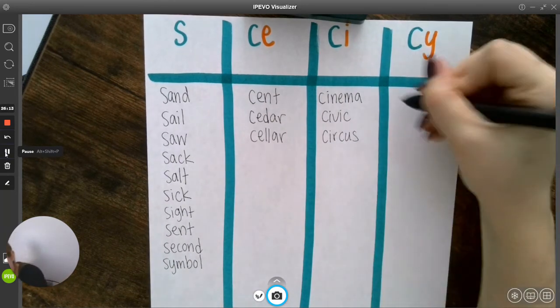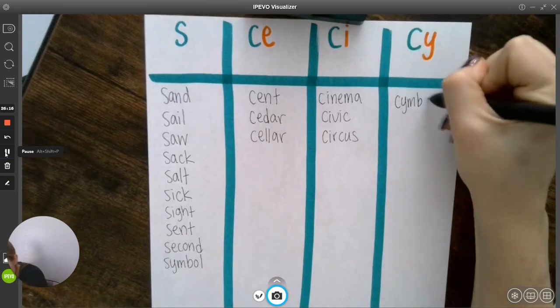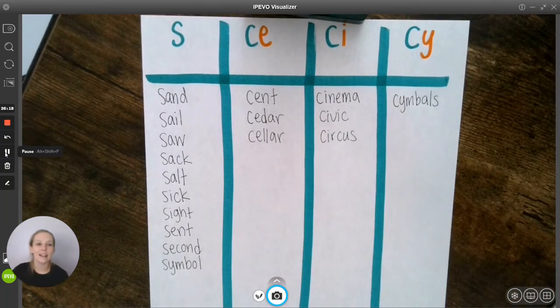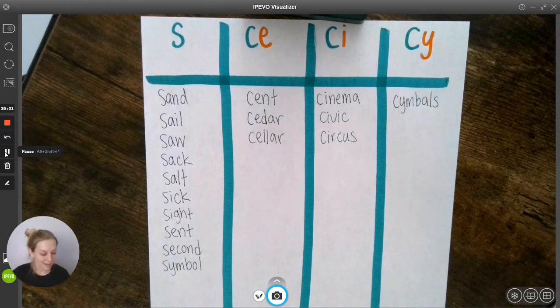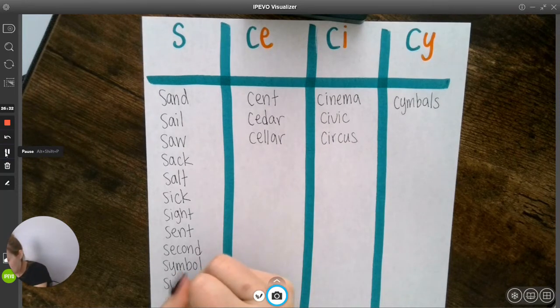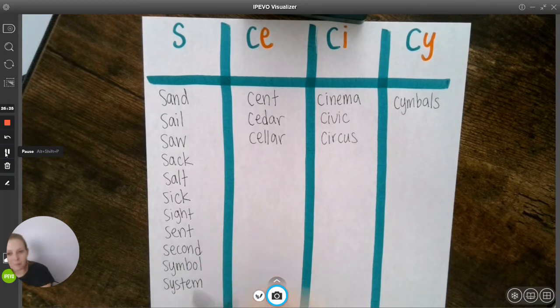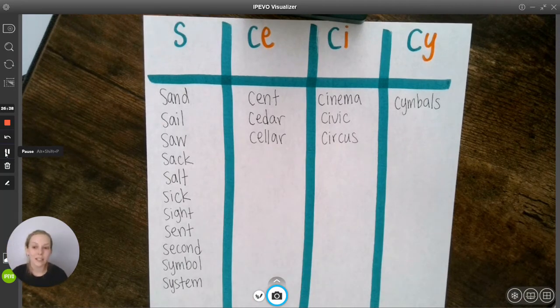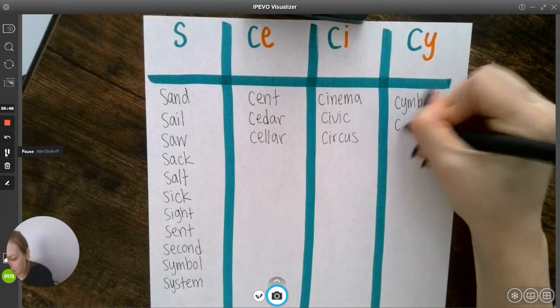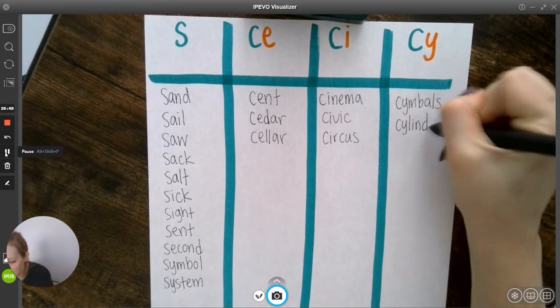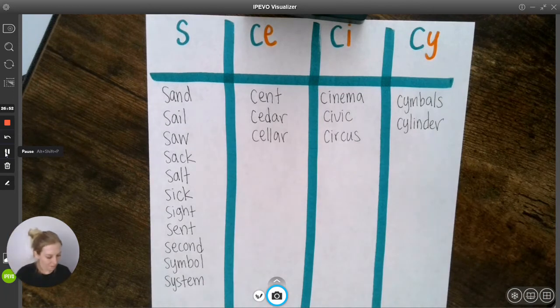That is spelled C-Y, and the A-L. Symbols. The next one, system. Is that C or S? That is with an S. System. And our last word is cylinder. Which column should cylinder go in? That goes in CY. Awesome.